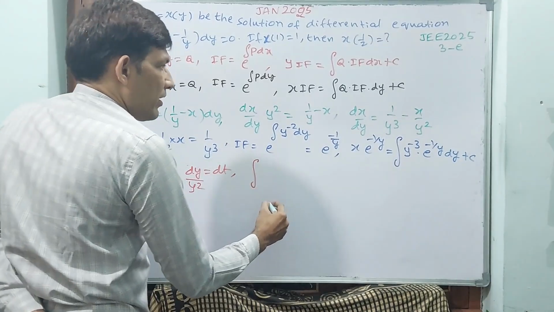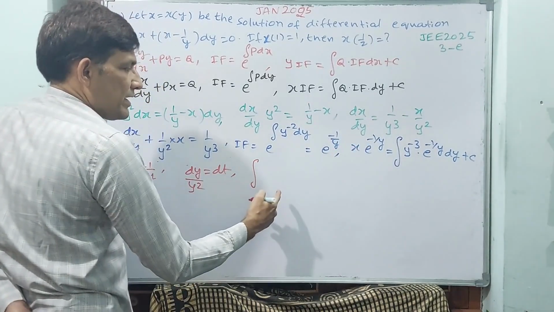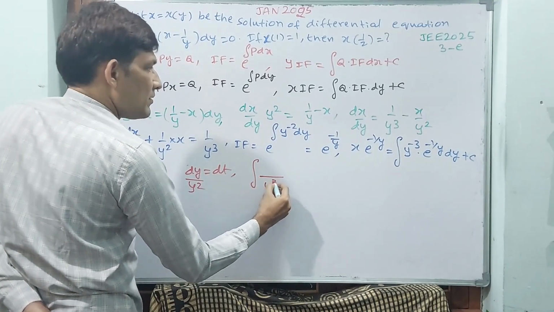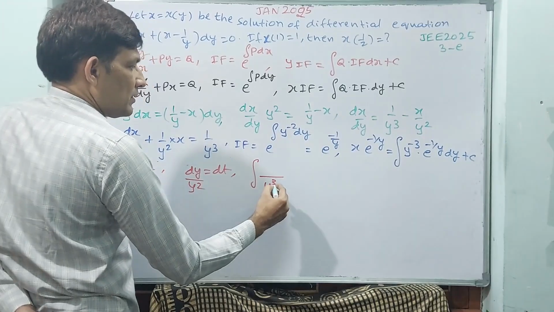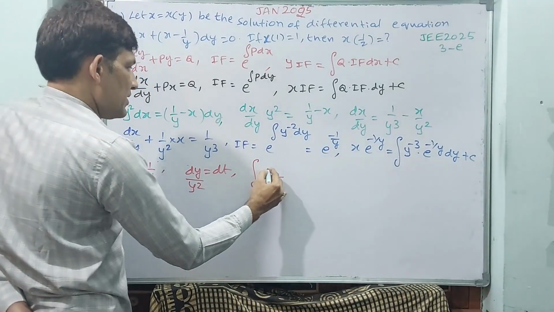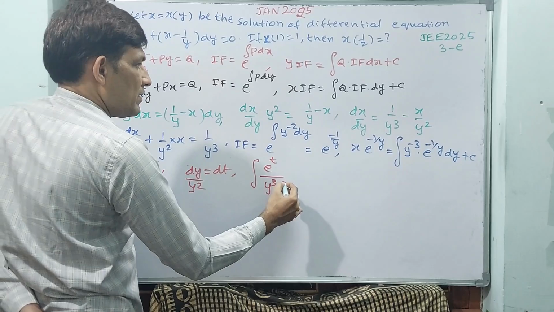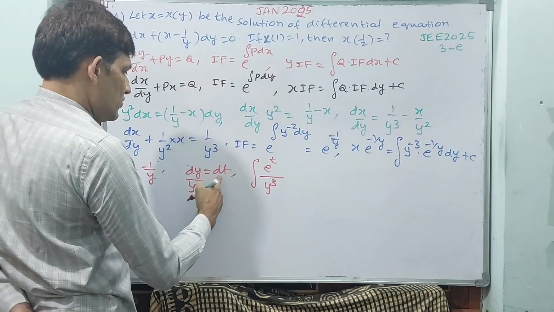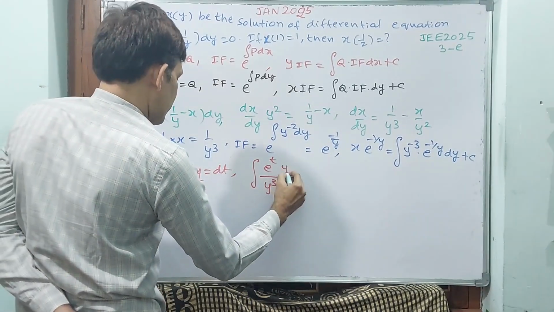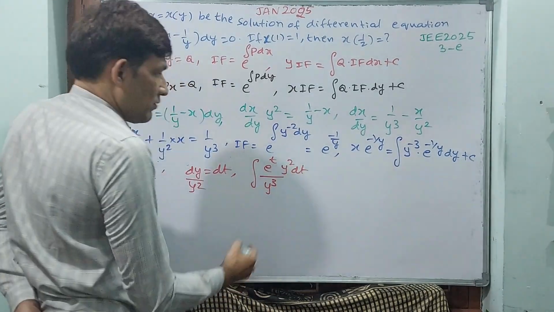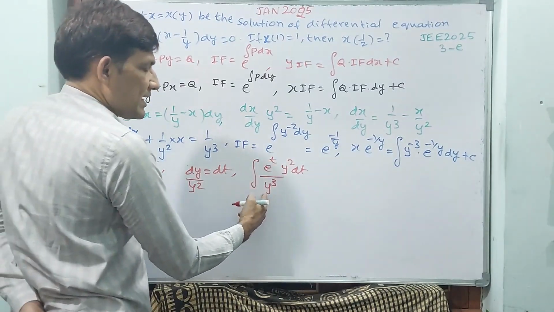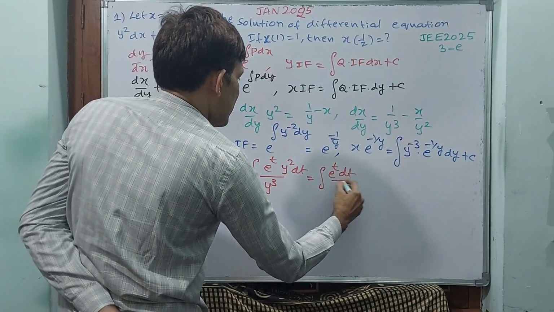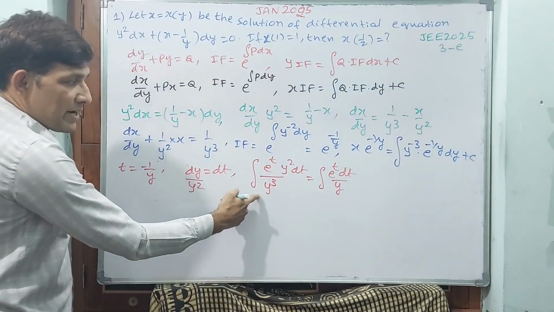Integral, see, y cube is there. Y cube, and e power minus 1 by y means e power t. dy is equal to y square dt. Now see, y square going to make this as y, that is equal to integral e power t dt by y. Okay, denominator only y will be there.